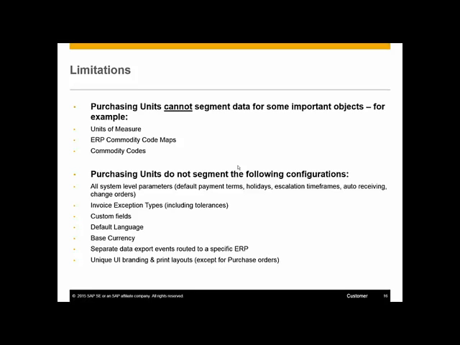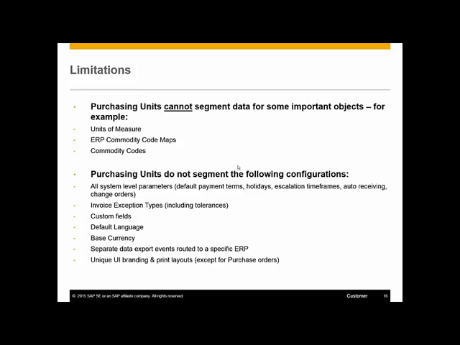Separate data export events routed to a specific ERP. So there's quite a few different data export events or batch processes that Ariba comes with. Those cannot be segregated. And the user interface branding and print layouts cannot be segregated. Now let me be specific on this.